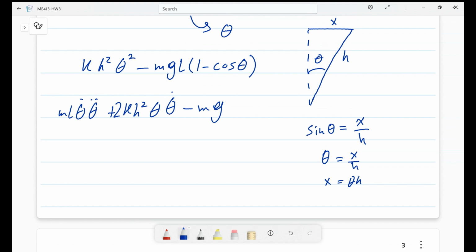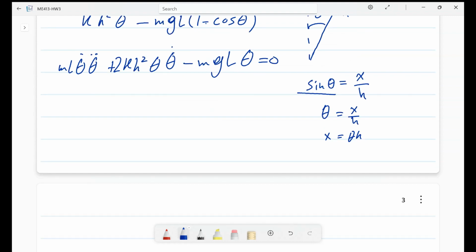And for this one, minus multiplied by minus is plus, multiplied by minus is minus. So this will be mgl sine theta, and we can convert sine theta to theta here. This will equal 0.